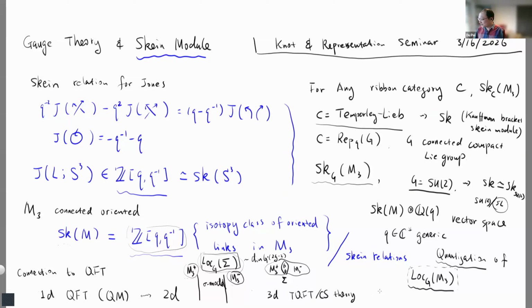And finally, with 4D N equals 4 gauge theory. This is because skein module associated with three-manifolds is, in a sense, a natural extension of one version of the geometric Langlands program.